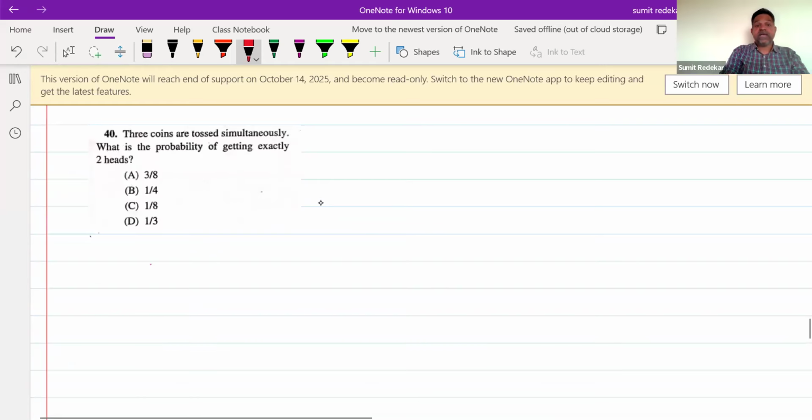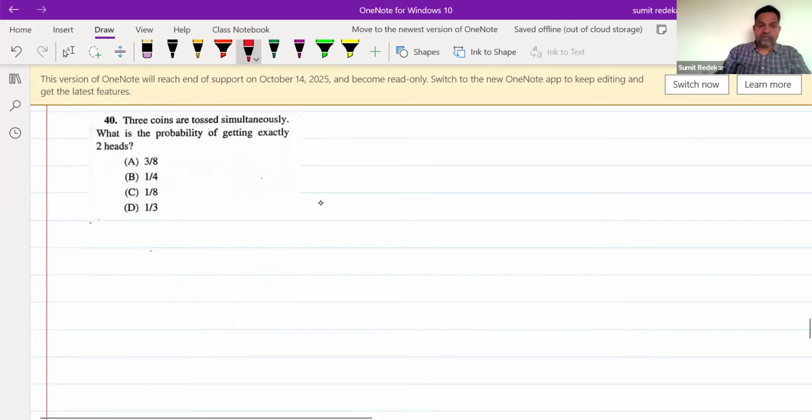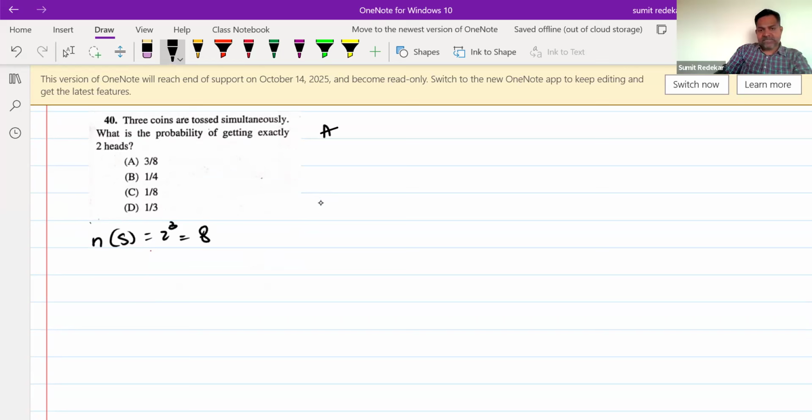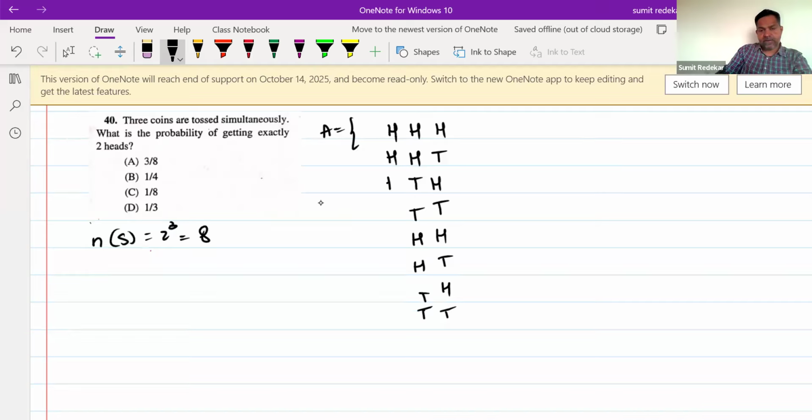Question number 40. 3 coins are tossed simultaneously, the probability of getting exactly 2 heads. With 3 coins, the sample space has 2 cube, 8 outcomes. What are the 8 outcomes? Calling it set A, the 8 outcomes are head head head, head head tail, head tail head, head tail tail, tail head head, tail head tail, tail tail head, tail tail tail.